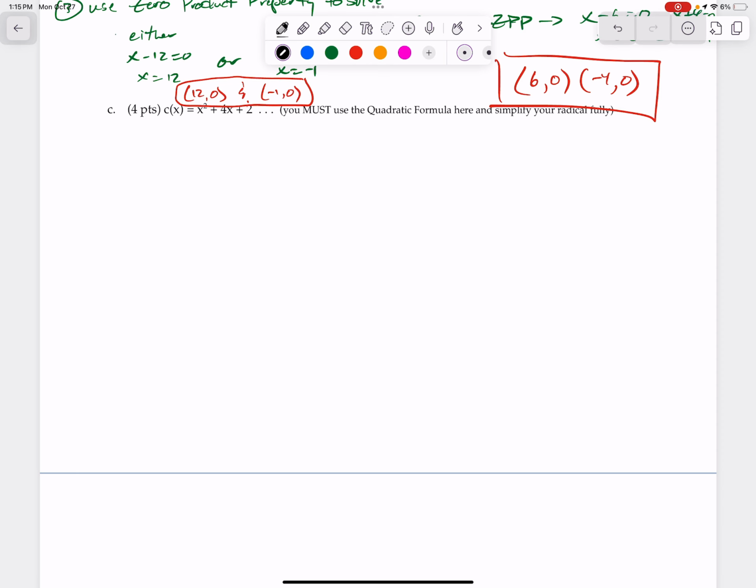Here, this is in the form of ax squared plus bx plus c.